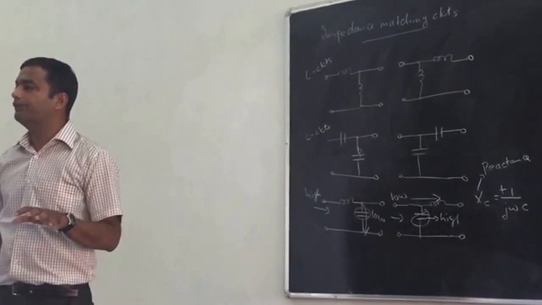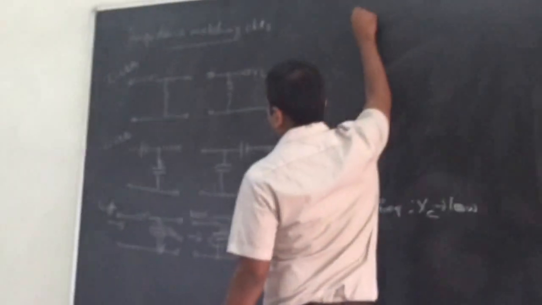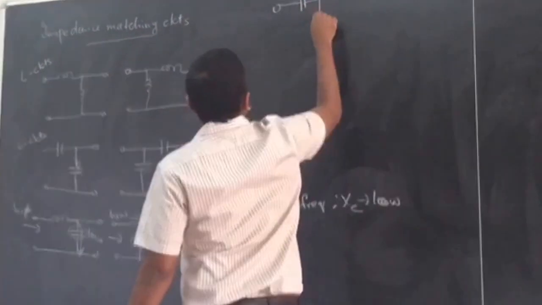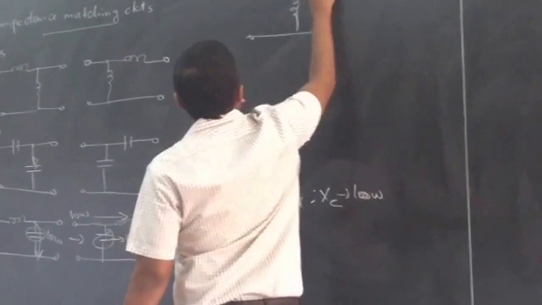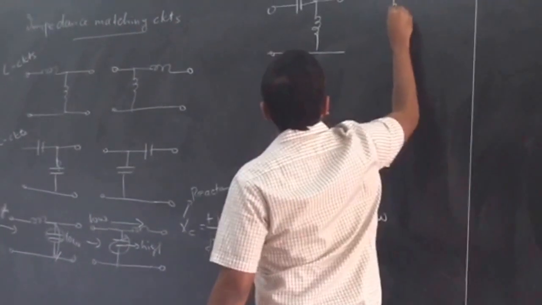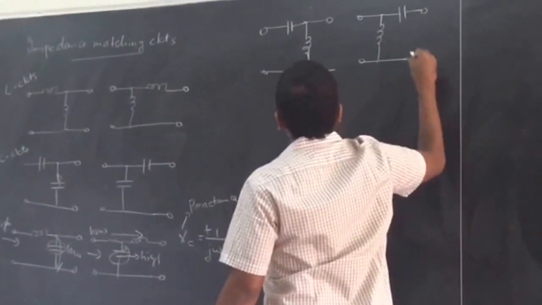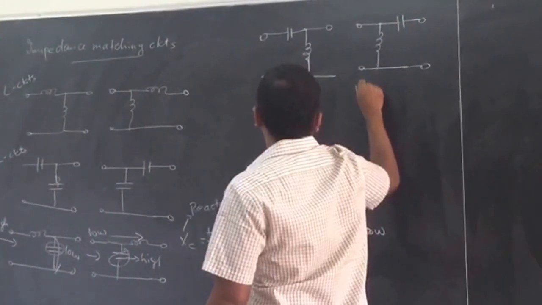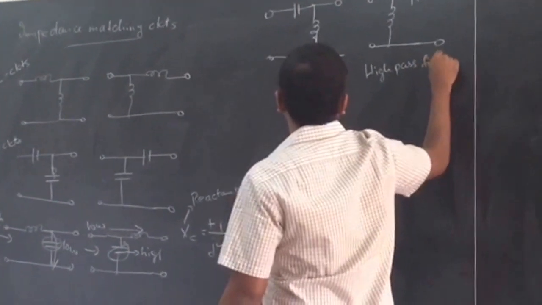Do you understand or not? If you do this one, what is this guy called? This way is called a high pass filter. Why is it called a high pass filter?